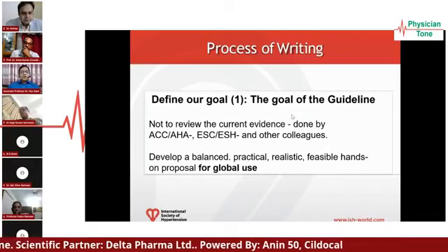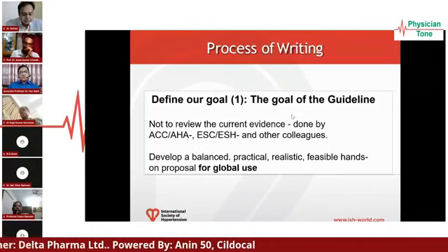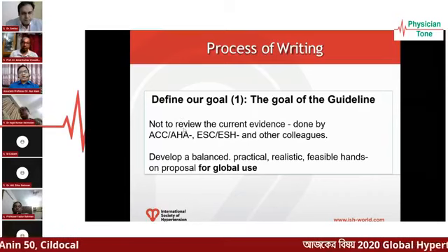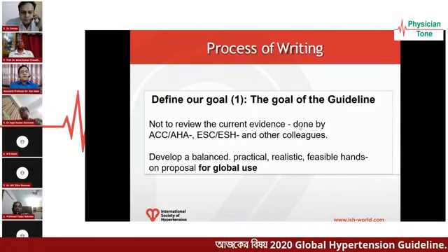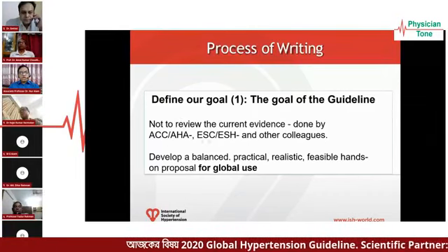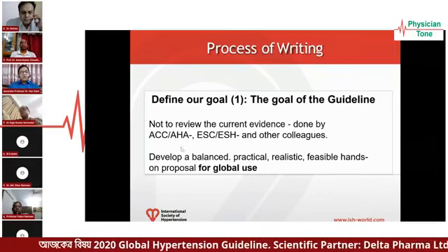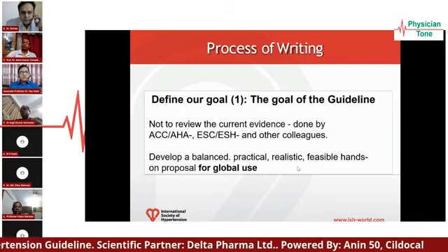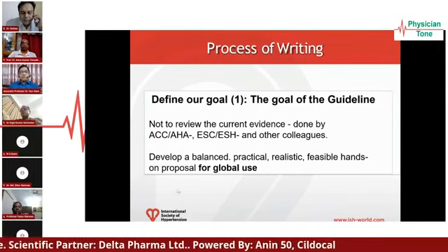So, in the process of writing, how can we define the goal of this guideline? The goal is not to review the current evidence done by the ESC, AHA, or ESH guidelines. Rather, they developed a balanced, practical, realistic, feasible, hands-on proposal for global use.